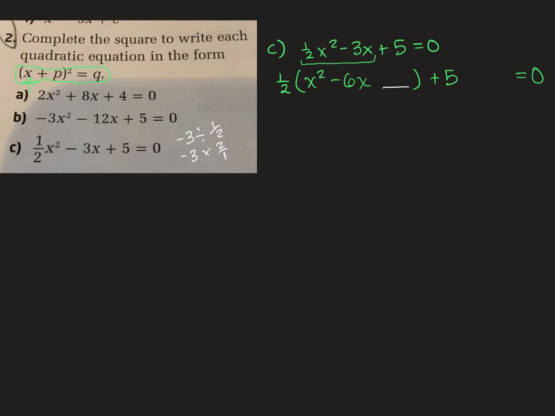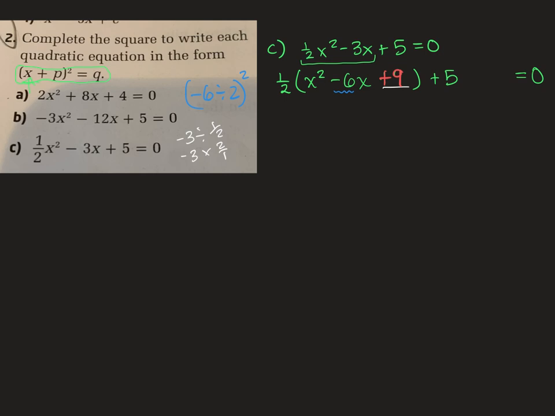And to get that number, we basically take the coefficient of the x, so -6, and we divide that by 2, and then we square that number. So -6 divided by 2 is -3, and then we square -3 to get +9. So we add 9 there. Maybe I'll do that in red.